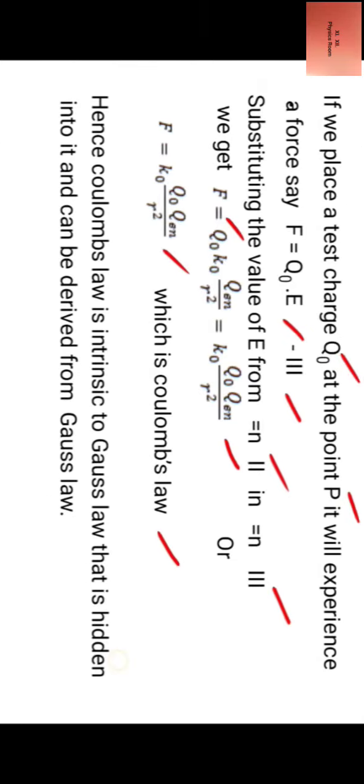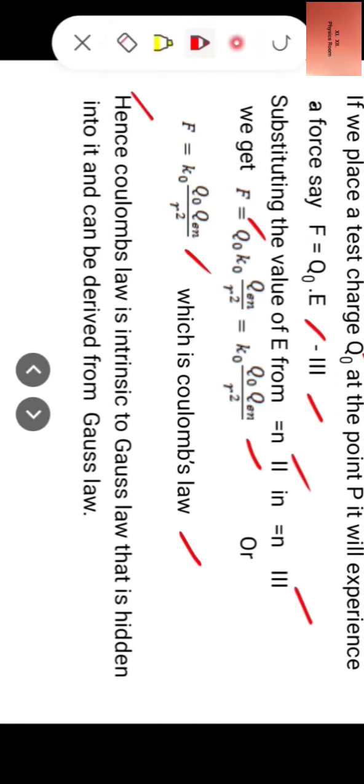Substituting the value of E from equation 2 in equation 3, we get F equal to Q naught K naught Q en divided by r square, or F is equal to K naught Q naught Q by r square, which is Coulomb's law. Hence, Coulomb's law is intrinsic to Gauss law, that is hidden in it and can be derived from Gauss law.